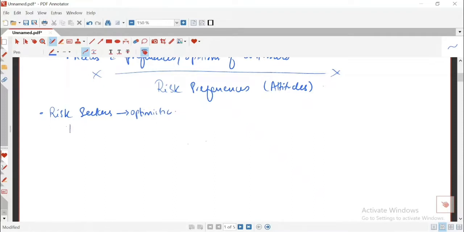The manager is willing to take more risk with the hope of earning high returns.